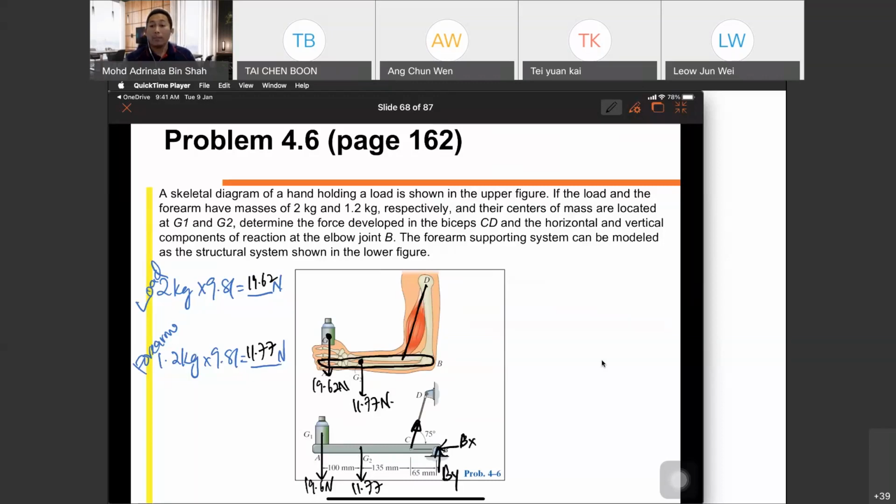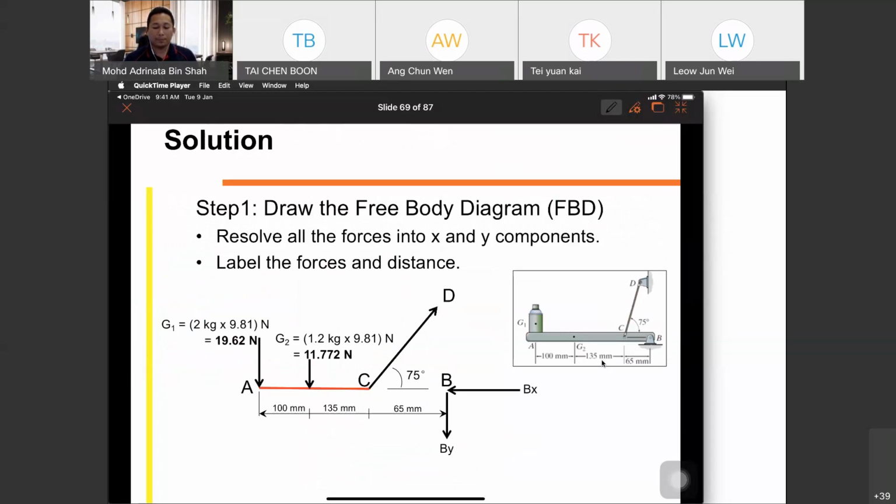Okay, so that is the drawing for the free body diagram. In the free body diagram, force, reaction and support, external forces, and you can then write your equation of equilibrium.